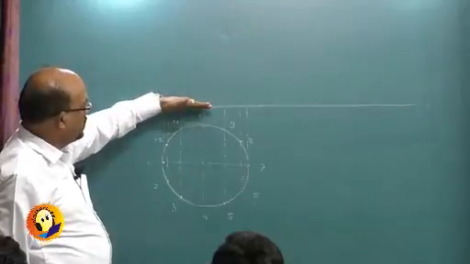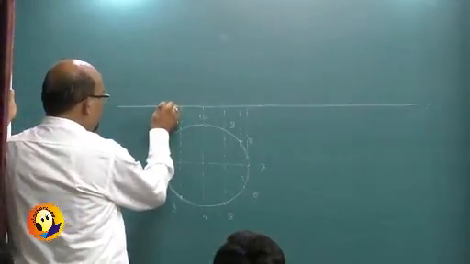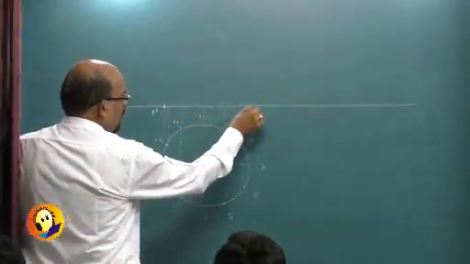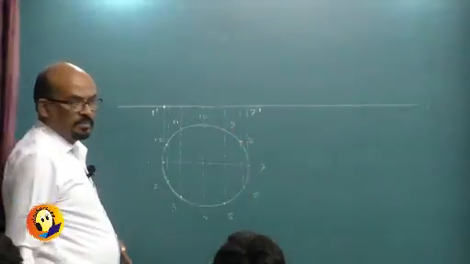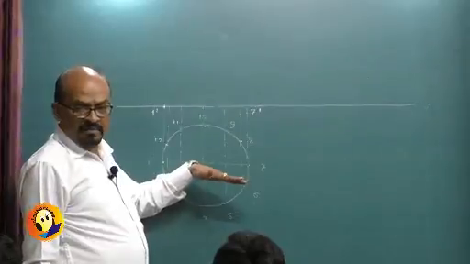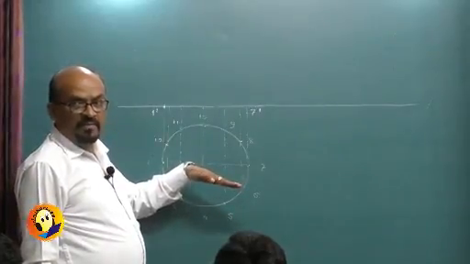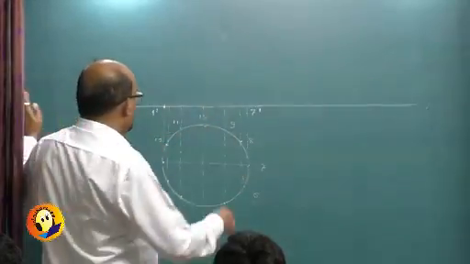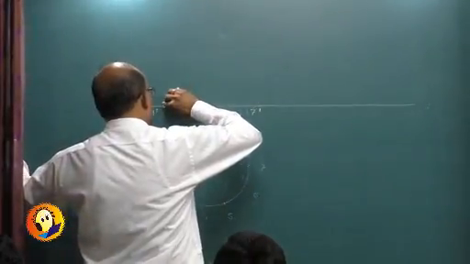So the lamina, this will be the line view. I will simply name this 1 dash and 7 dash. The procedure will still remain the same. Angle made by the plane first. The plane is making 50 degrees with HP. So we will have to draw a line at 50 degrees.